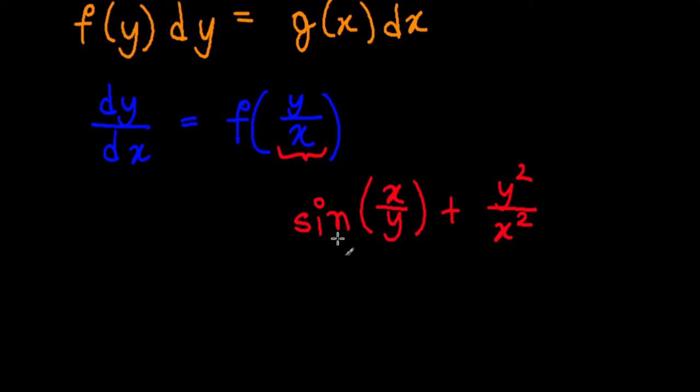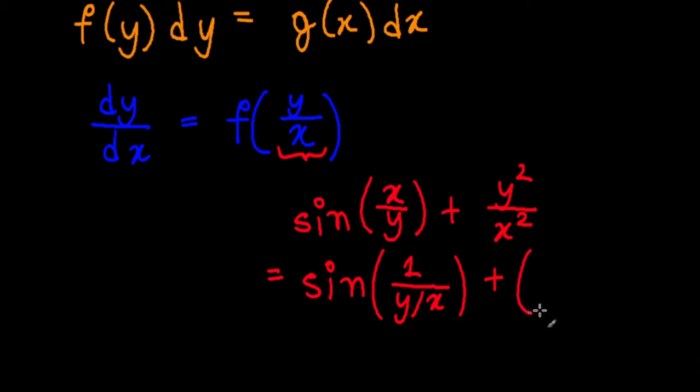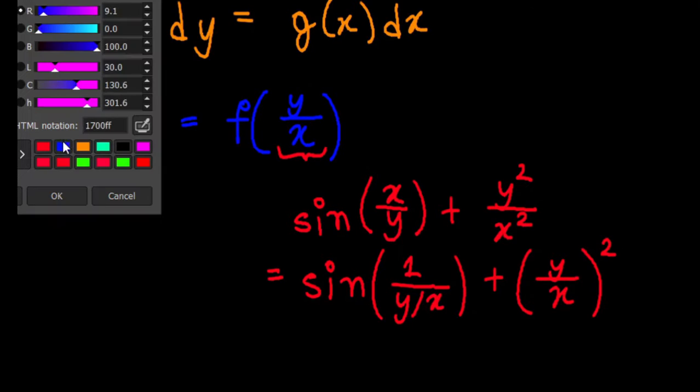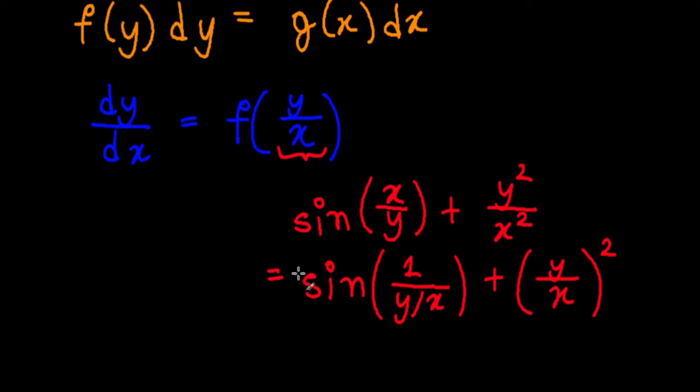Because if we try to express it in terms of y by x, this is sine of 1 over y by x, plus this one is pretty obviously y by x whole squared. So as you can see, this is a function of y by x, right? Sine of 1 by y by x, and then we have y by x squared.